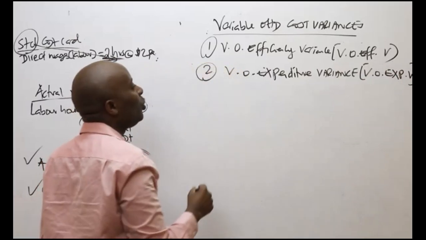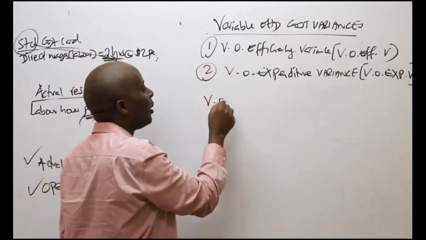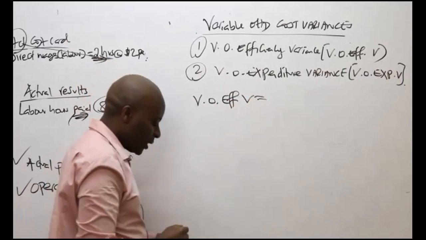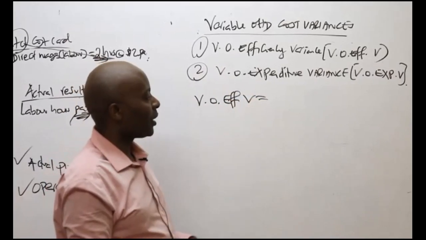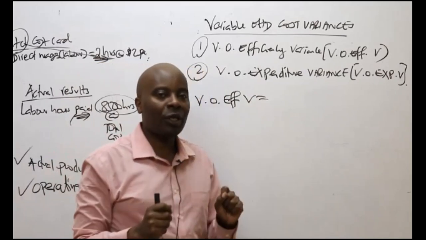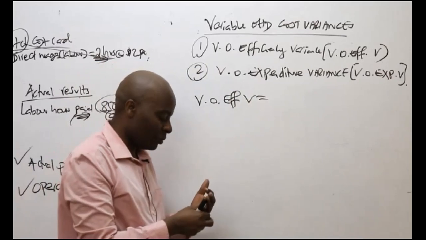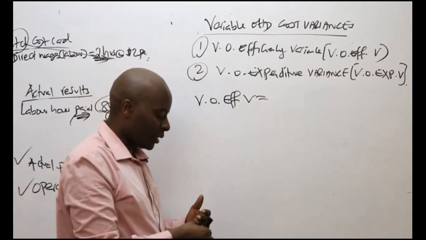I would want to give you one minute to try out doing the variable overhead efficiency variance. Oh, you told me that you had not been taught this. Let me teach you this variable overhead efficiency variance before I give you some time to look at some other variances.